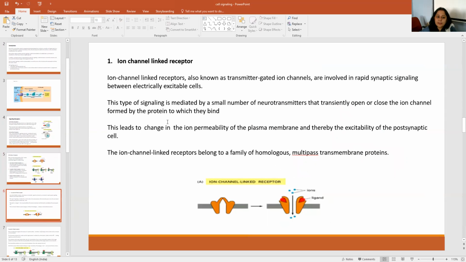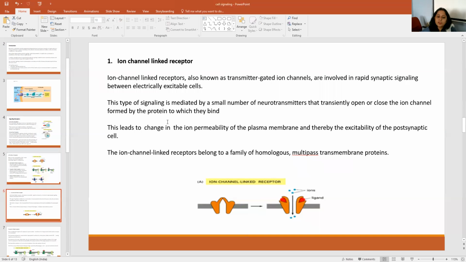Now the first one, as I said, ion channel linked receptors, are also known as transmitter gated ion channels and are involved in rapid synaptic signaling between electrically excitable cells. This type of signaling is mediated by a small number of neurotransmitters that transiently open or close the ion channel formed by the protein to which they bind.